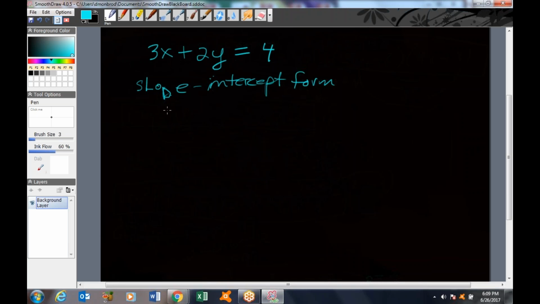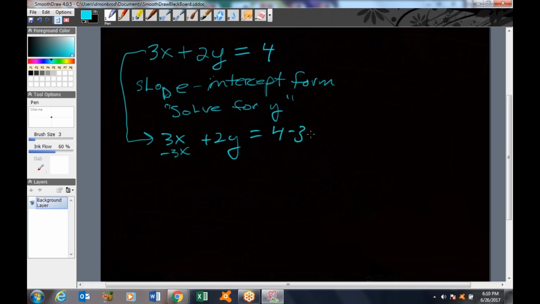And what that means is that we basically will solve for y. So I'm going to take this equation and solve it for y. First thing is I'm going to subtract 3x from both sides. So we get a little practice here solving an equation for one of the unknowns.